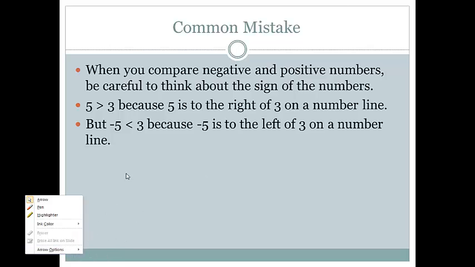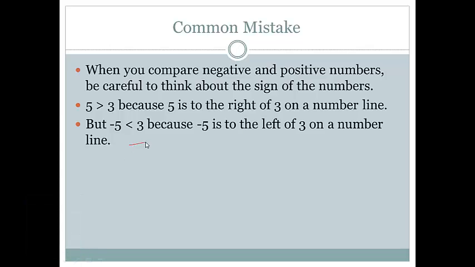I drew a number line, and I had 0, 1, 2, 3, 4, 5, and I had negative 1, negative 2, negative 3, negative 4, negative 5. Negative 5 is to the left of 3, so it is less than.